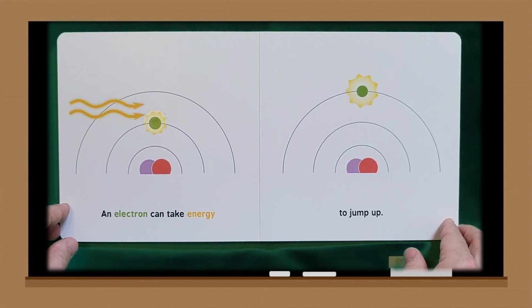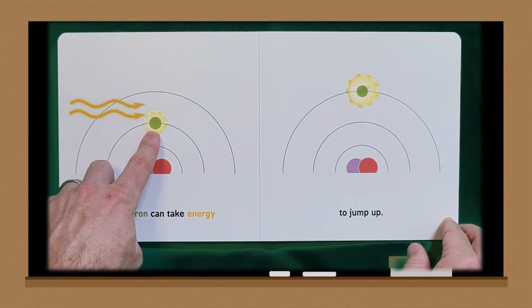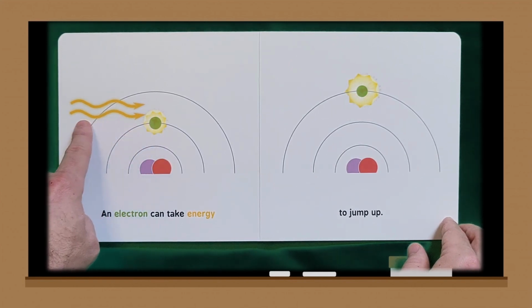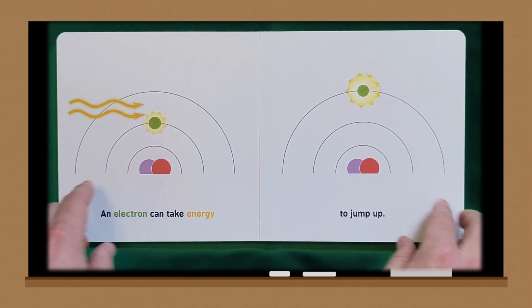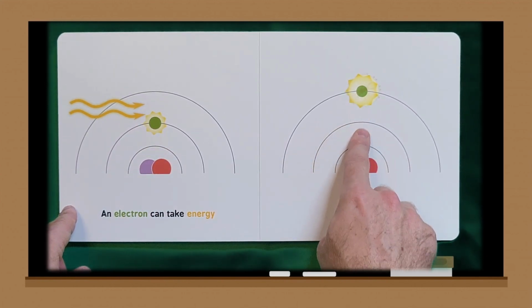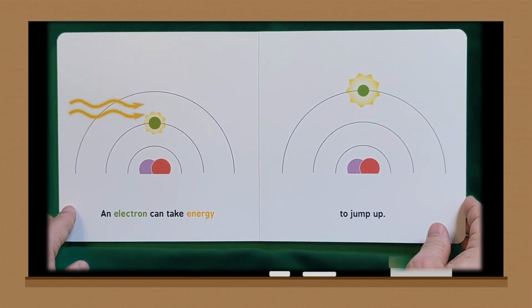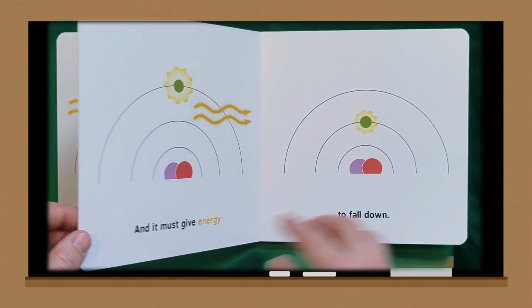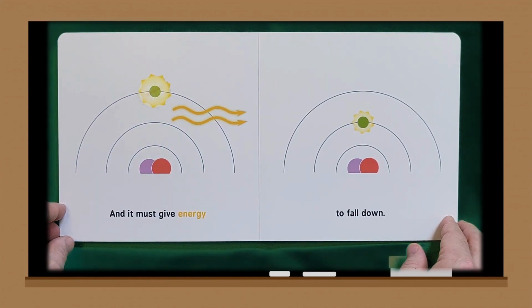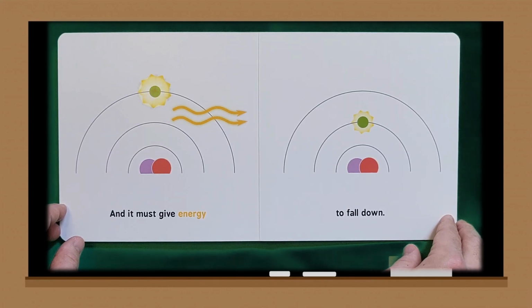An electron can take energy to jump up. See how the electron here on the ring took in the energy and it jumped up. And it must give energy to fall down.